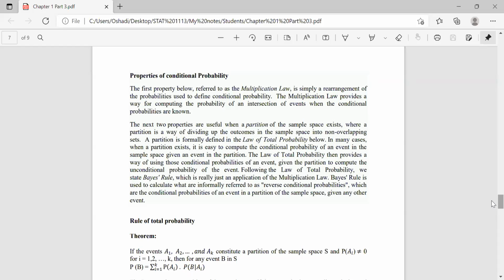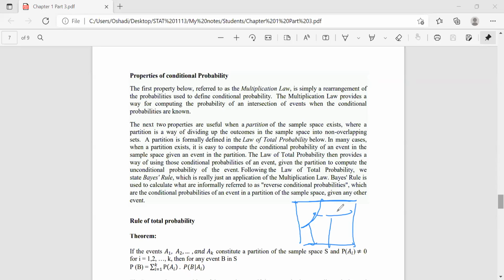So I discussed it using a Venn diagram also. This is the sample space. It has been partitioned into several groups, right?